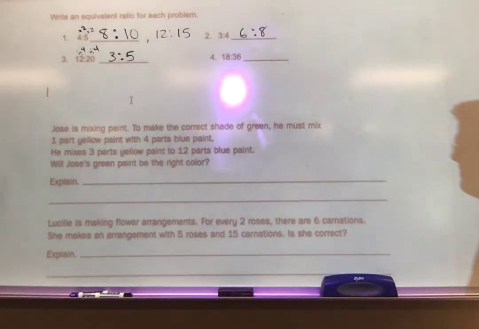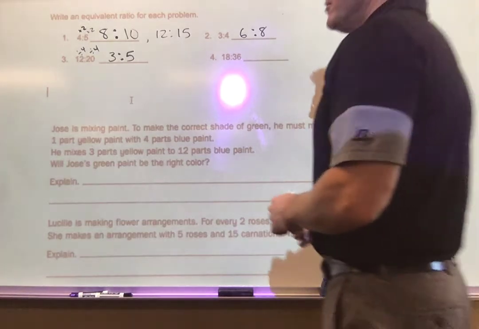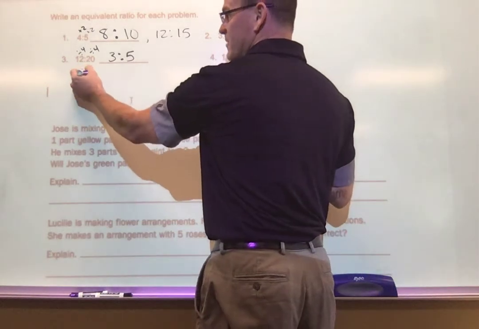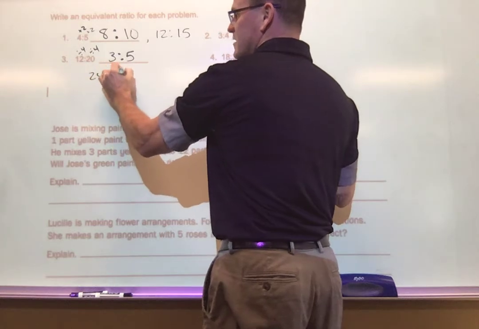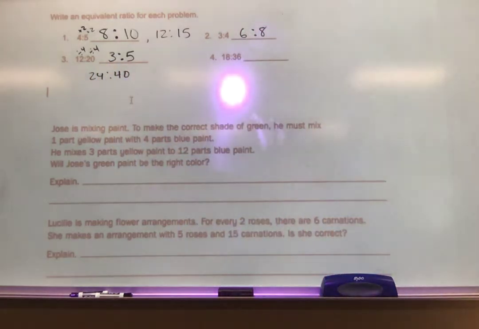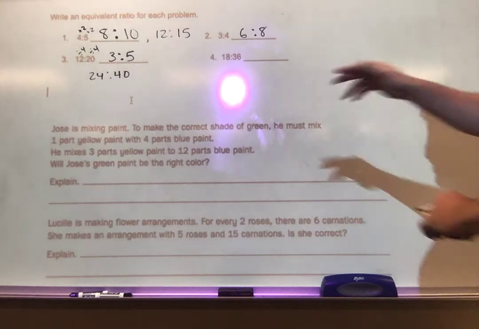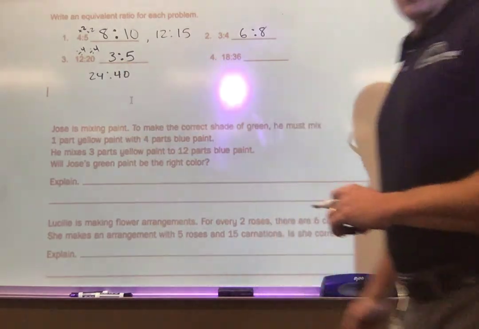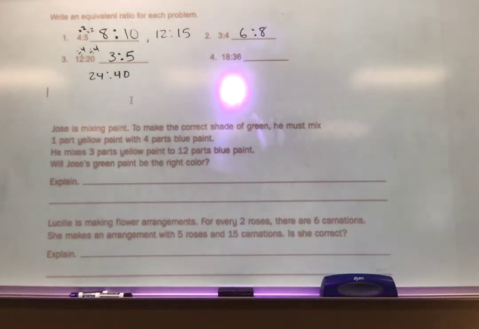So a 3 to 5 ratio is equivalent to 12 out of 20. Or I could multiply like I did before, and I could double them both and get 24 to 40. If I double both of those, that would be another way to look at it. Usually when they're smaller, though, it's in a form that's a little bit easier to understand. So sometimes we want to get it into a little bit of a simpler form.